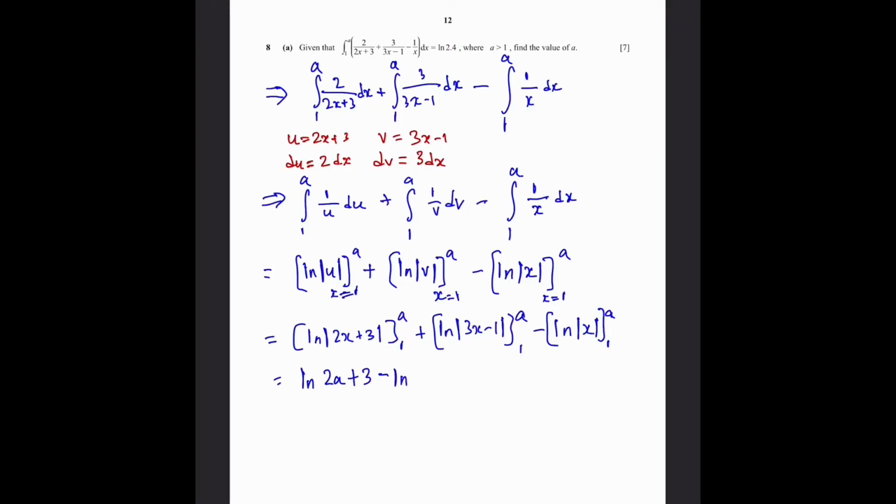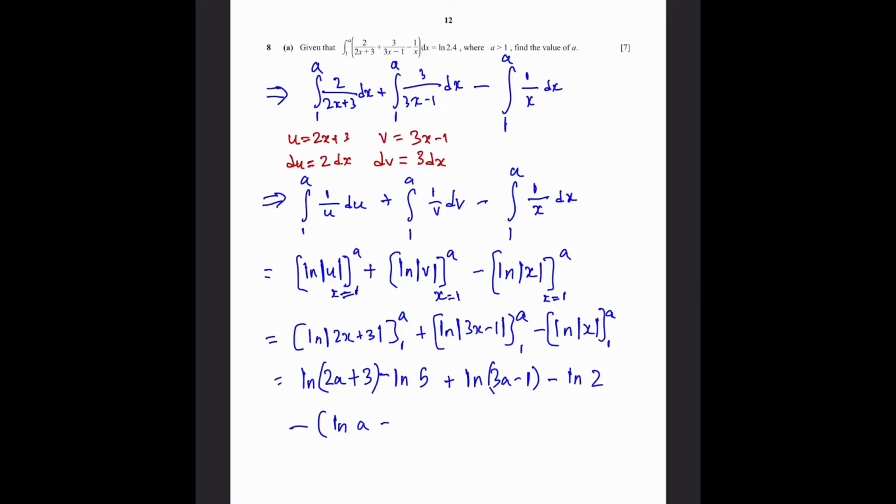minus ln of 5, since ln of 2 times 1 plus 3 is just ln of 5, and then plus ln of 3a minus 1 minus ln of 2, and then minus ln of a minus ln of 1.